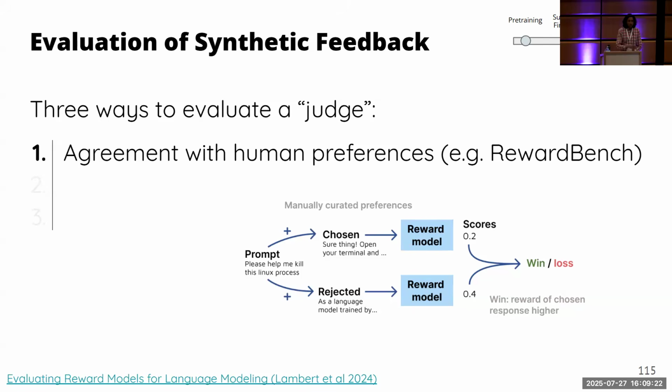So the dataset RewardBench is a really popular example of this, where for a small set of prompts, it contains response pairs and a human annotation of which response is better among those two in the pair. And then for a given reward model or judge, you hope that the model can agree with the human raters on which of these two responses was better.